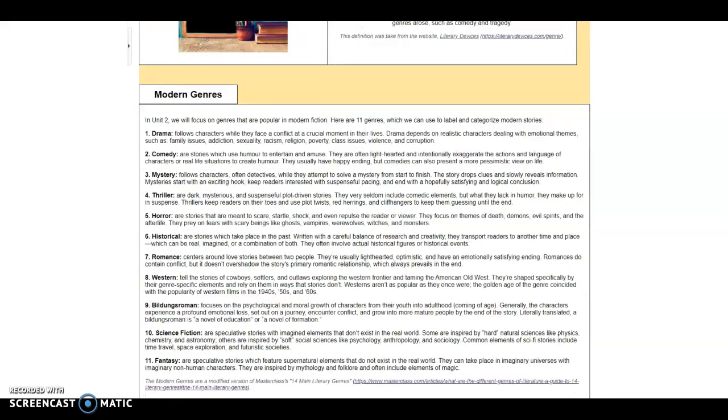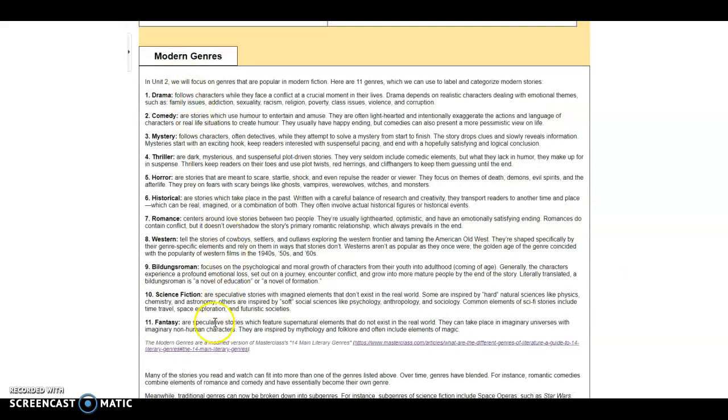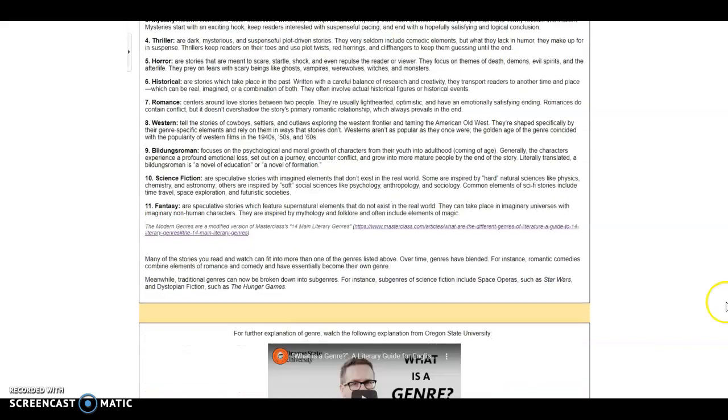And then we have a list of 11 modern genres that we can see used in movies and in stories today. And so I'd like you to take a look at these 11. Again, we can go beyond 11. As you'll find, as we talk about down here, it's gotten to the point with genre where the genres have started to blend, and where we can break them down into subgenres.